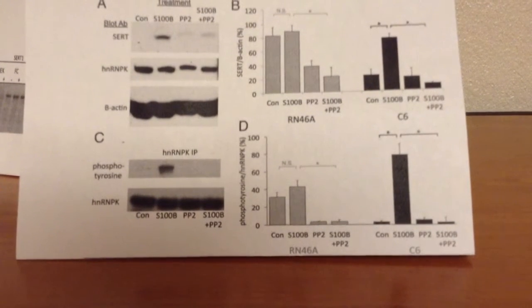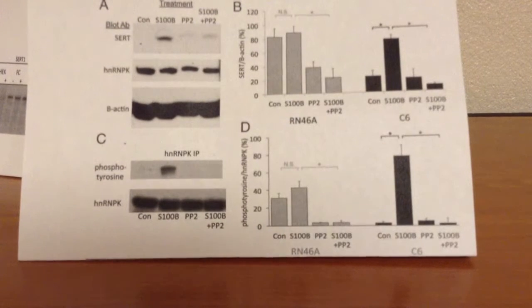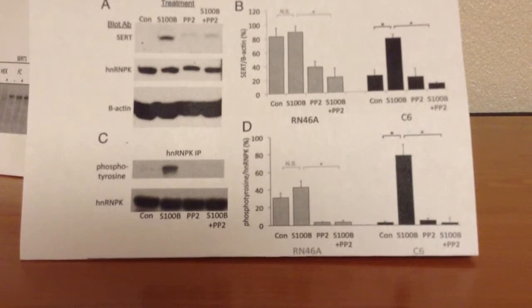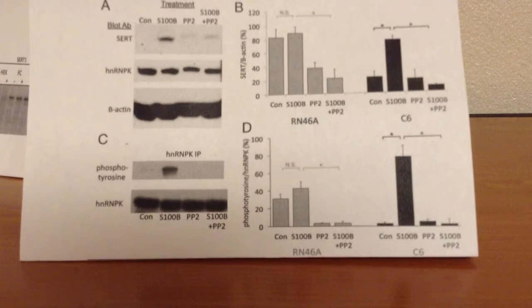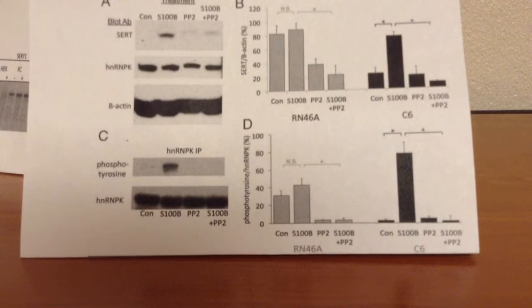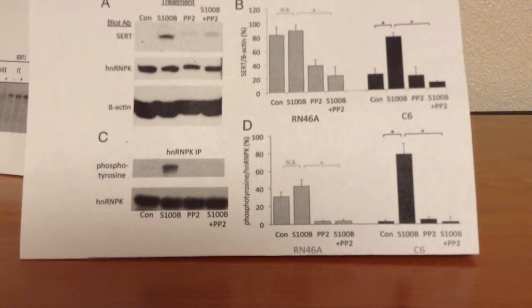In A, we have an immunoblotting of these proteins. Here, beyond the negative control, you also have cells treated with S100B. Furthermore, we also have cells treated with PP2, a kinase inhibitor that inactivates Src.